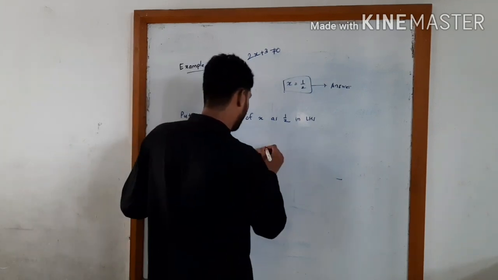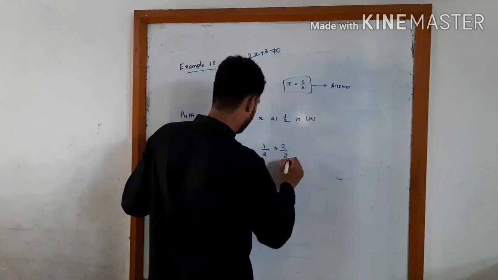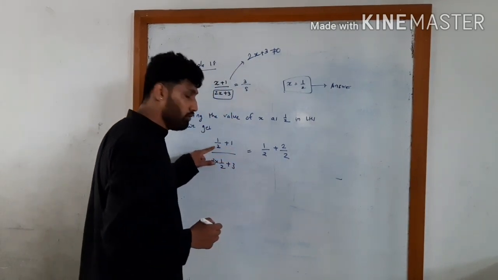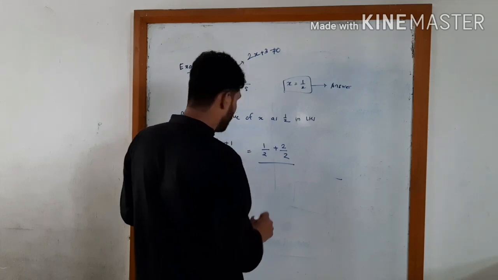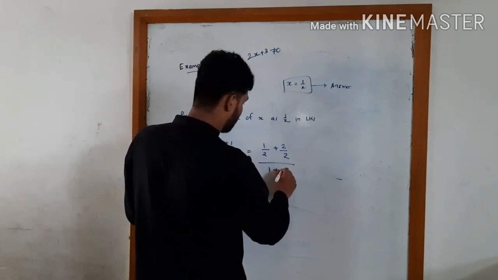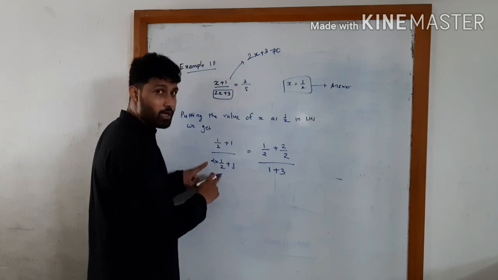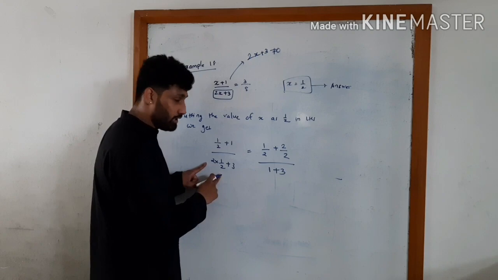So we have 1 by 2 plus 2 by 2, because 1 is 1 by 1, you multiply by 2 which is the LCM, so we get 2 by 2 whole upon 2 into 1 by 2 is 1 plus 3. 2 into 1 by 2 is 1, because 2 and 1 by 2 are multiplicative inverses or reciprocals of each other.